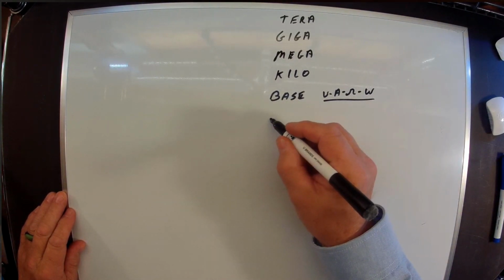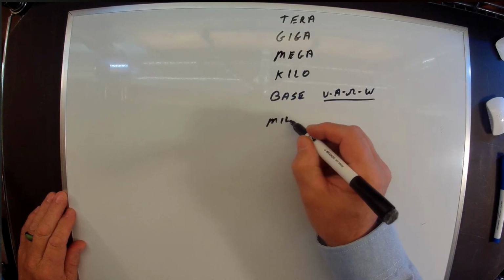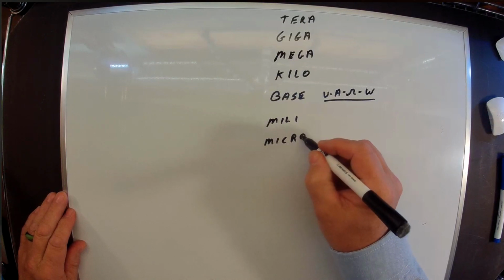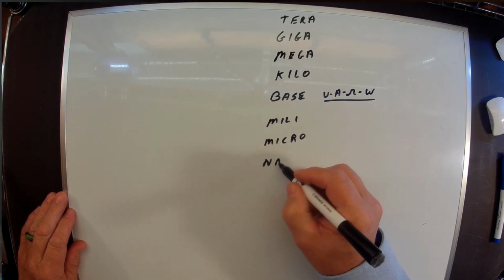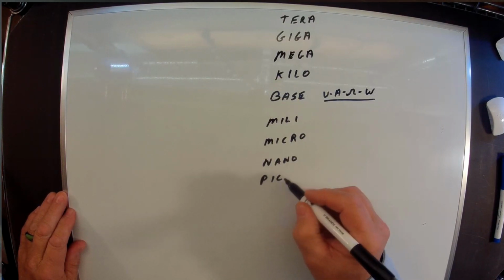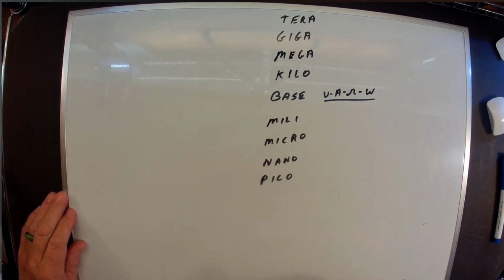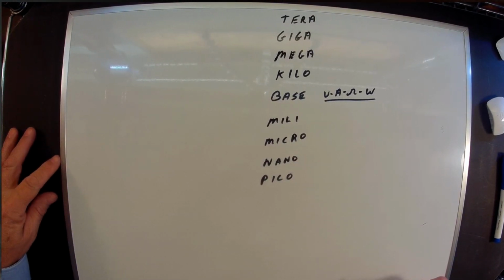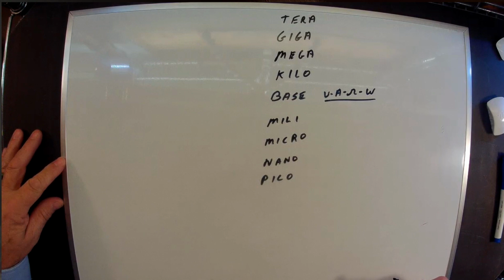It could be any of those. And then we're going to go down. As we go down smaller, it's going to be milli, and then micro, and then nano, and pico.